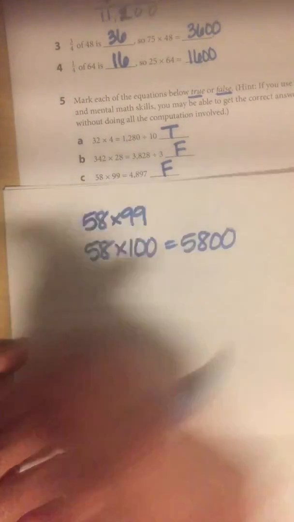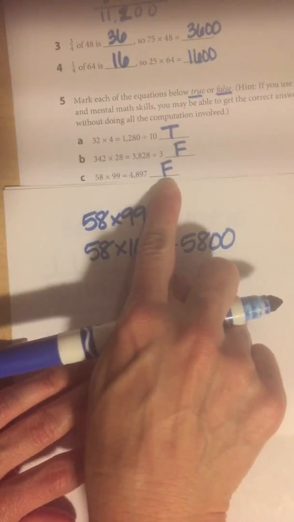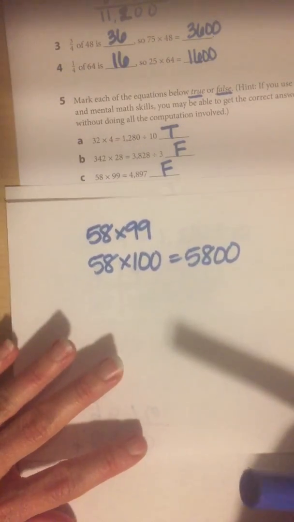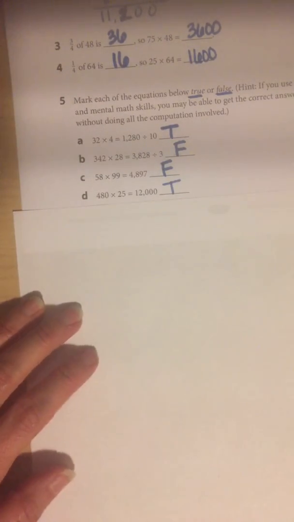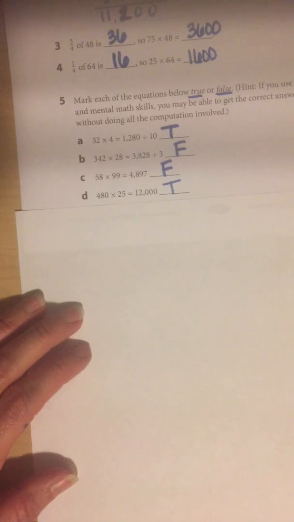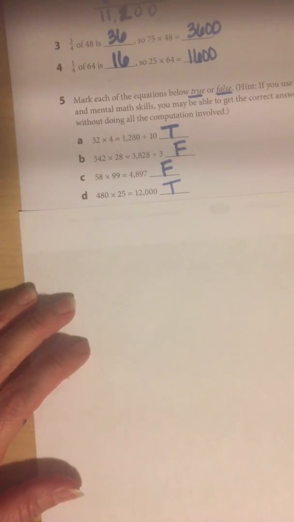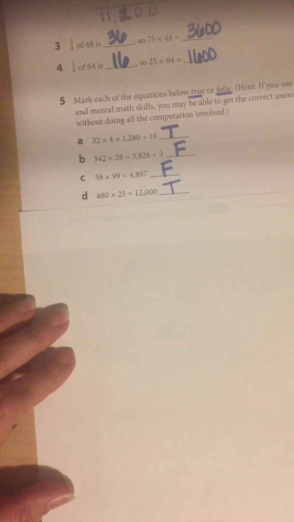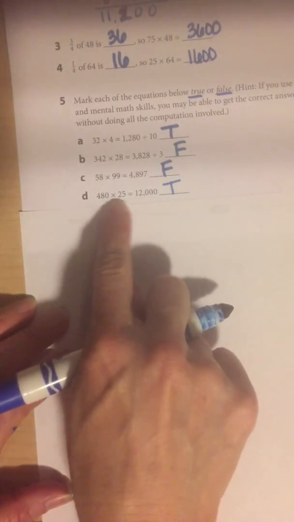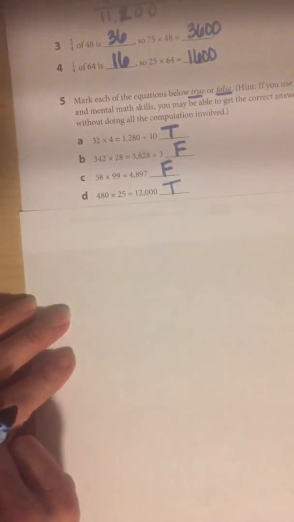It's almost 1,000 off, so the answer is false. On the last one that we have, D, it is true. We have 480 times 25 equals 12,000. You could do the standard algorithm, you could use the break apart strategy, you could make a ratio table, but 480 times 25 does equal 12,000.